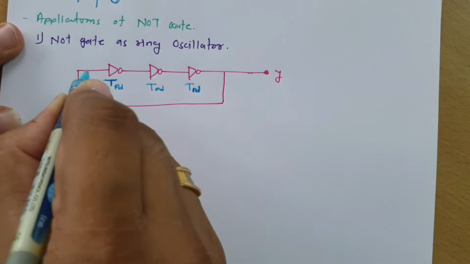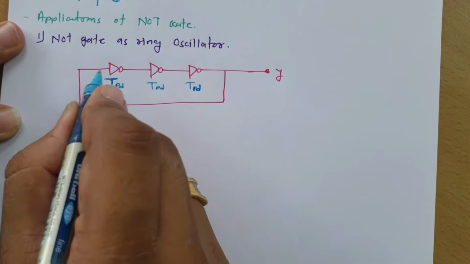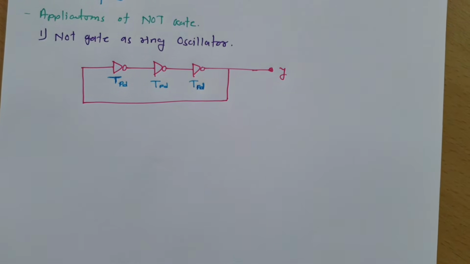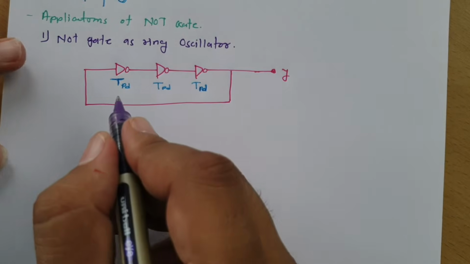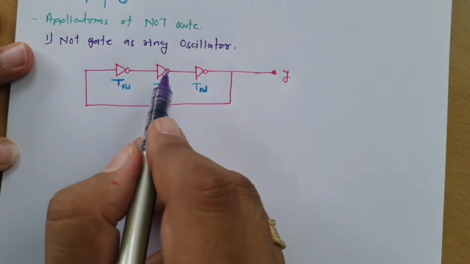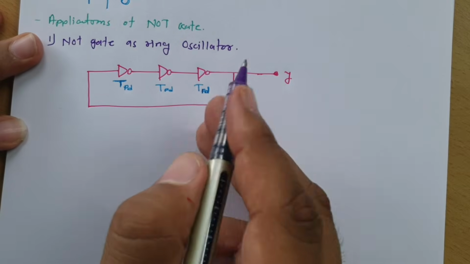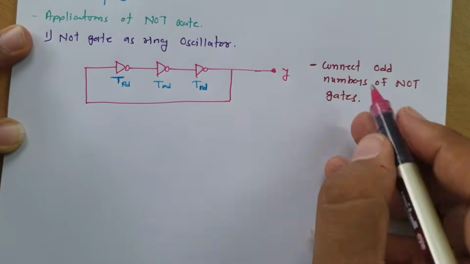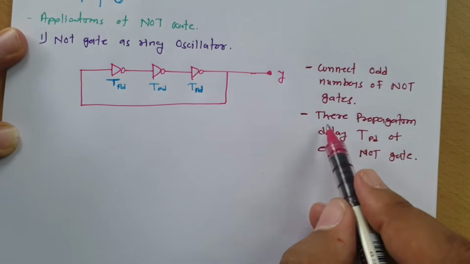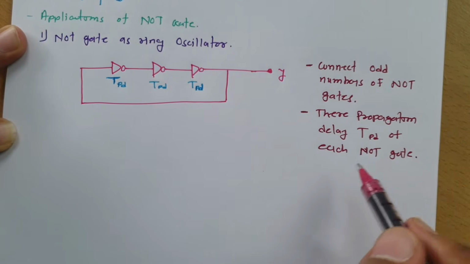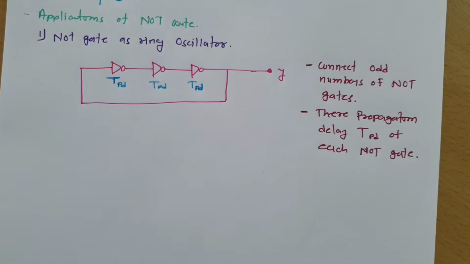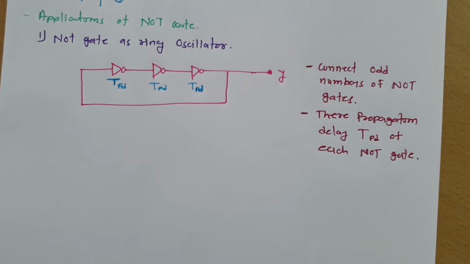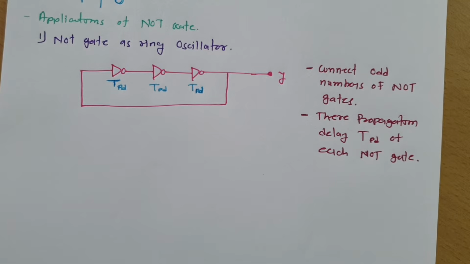It takes TPD time to get the output from the input. And one more thing to know: we need to connect an odd number of inverters. Let me mention that here: there is a propagation delay TPD for each of these NOT gates. Now, with a timing diagram, I'll explain how our output will come.